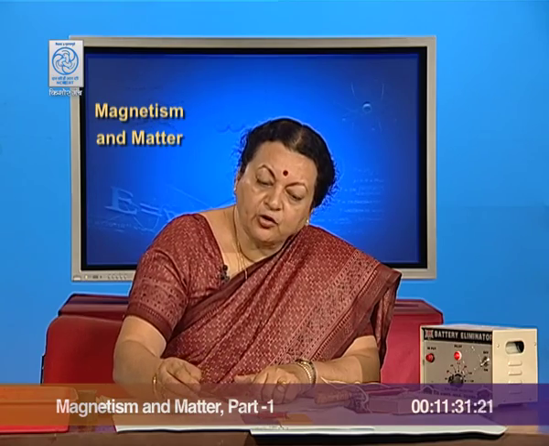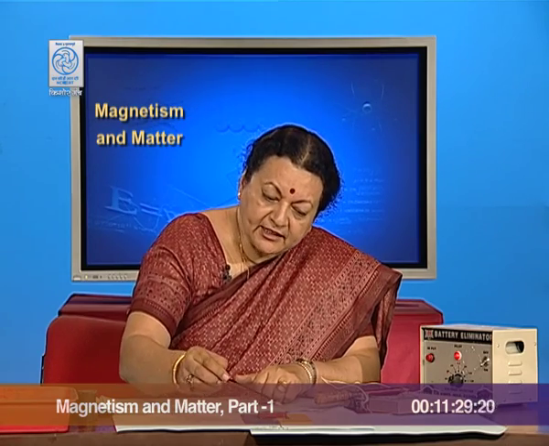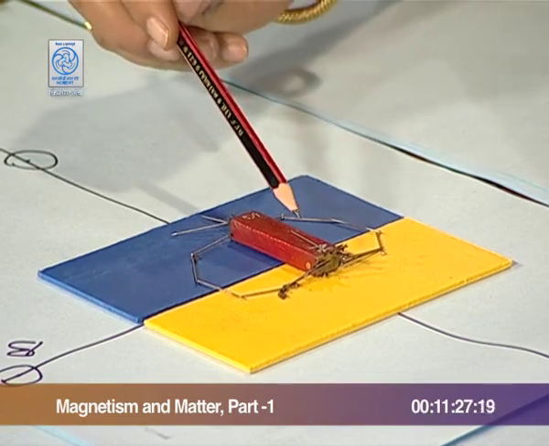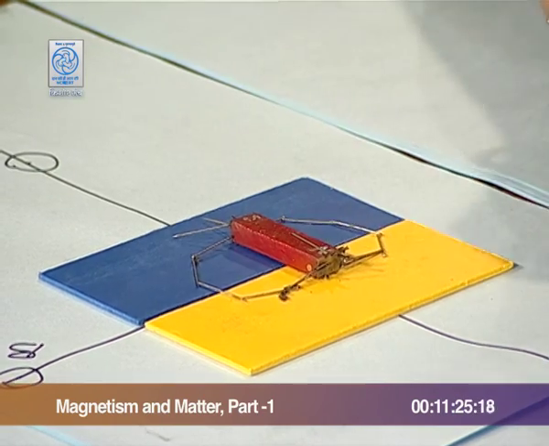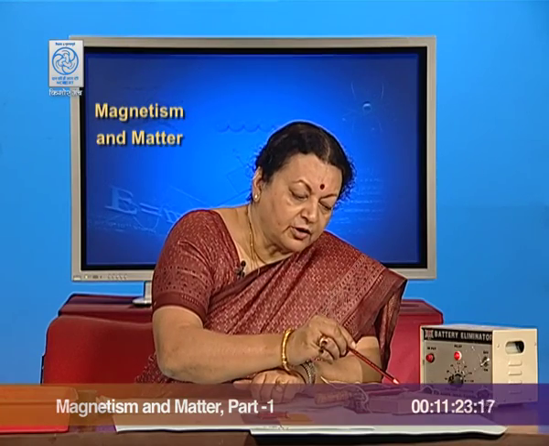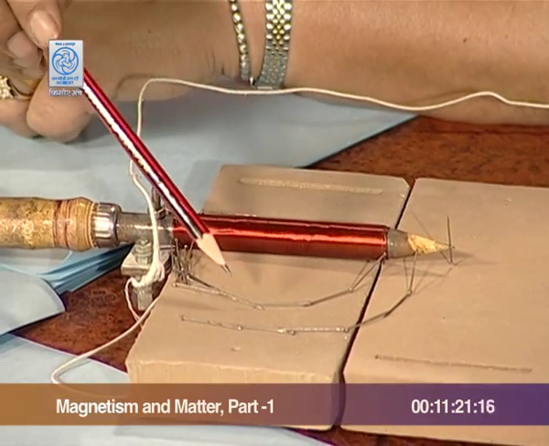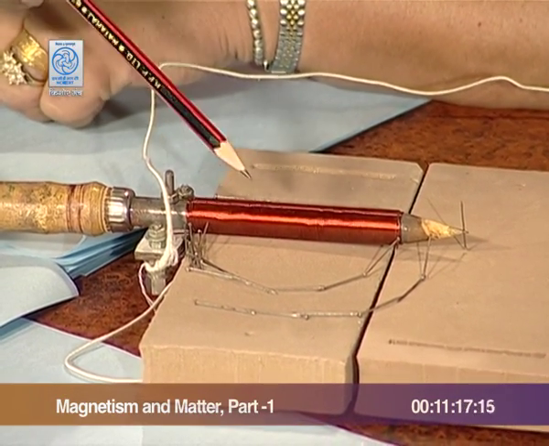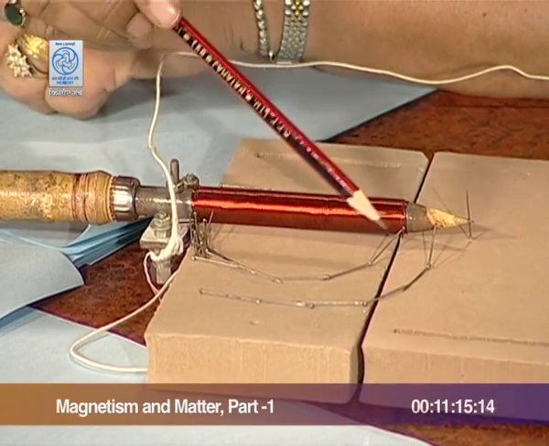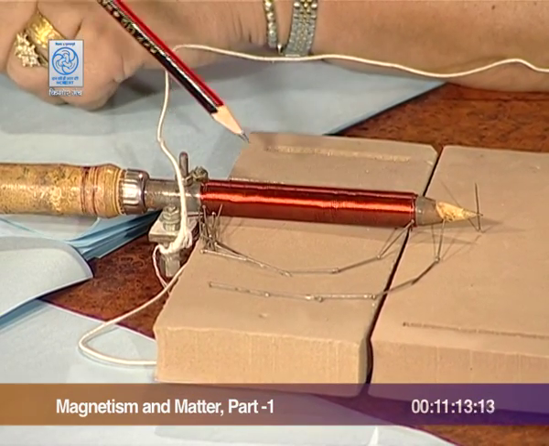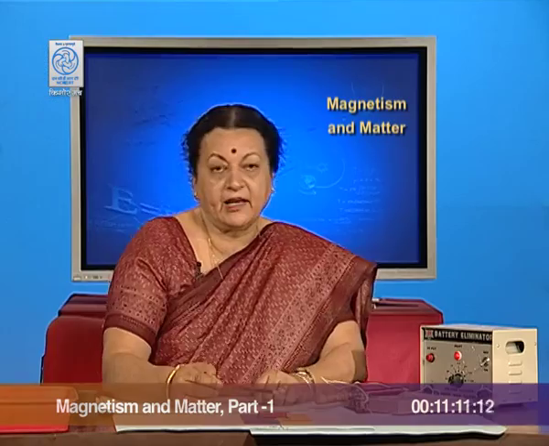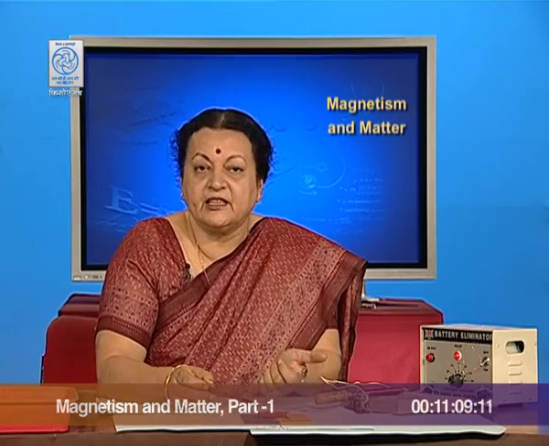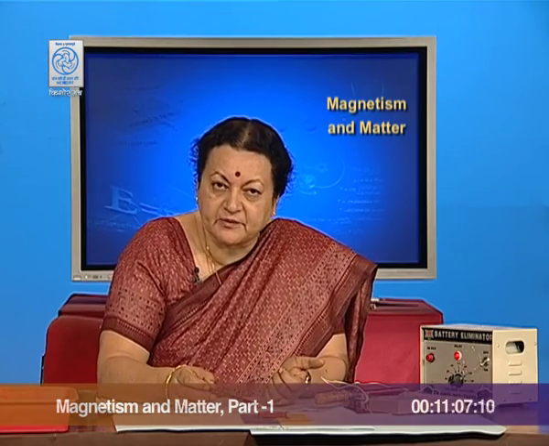These are closed loops starting here, going all the way through the magnet. In this case also, from this end of the solenoid right around here and going all along the solenoid this way. So, closed loops which represent the field lines of a magnet are seen in these two, which are identical.